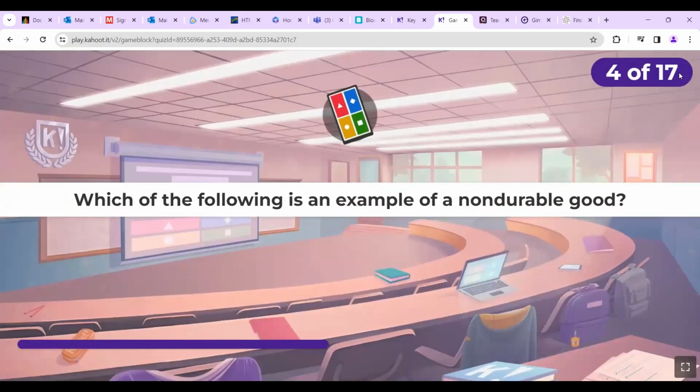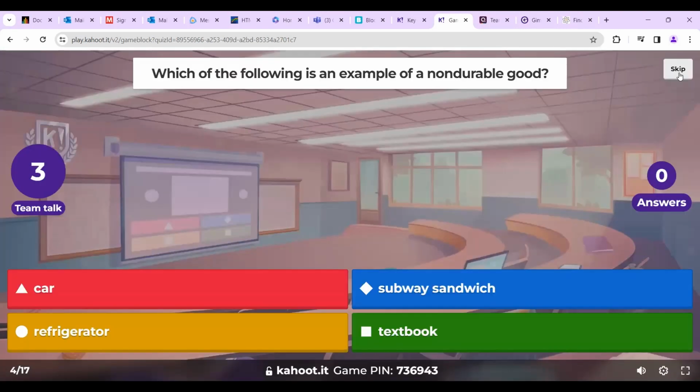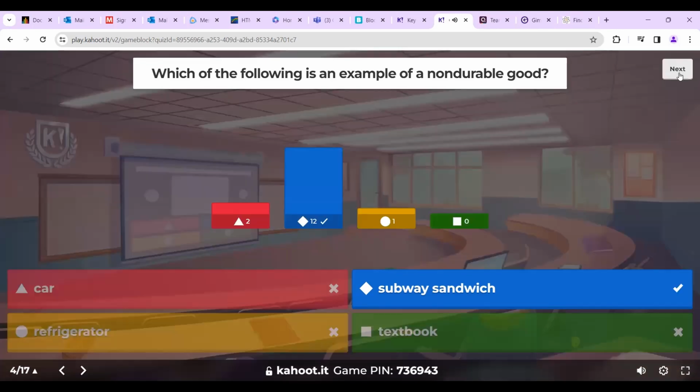So which of the following is an example of a non-durable good? Subway sandwich. Yes.